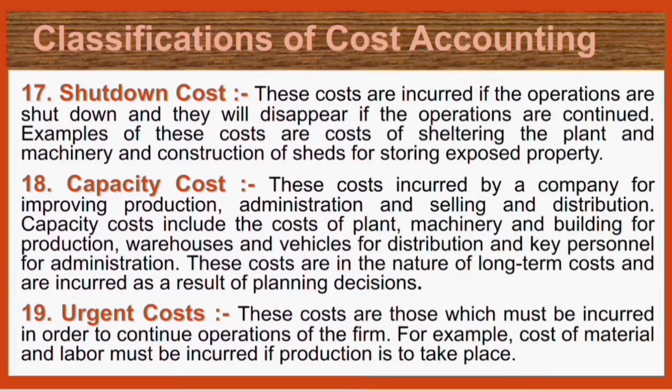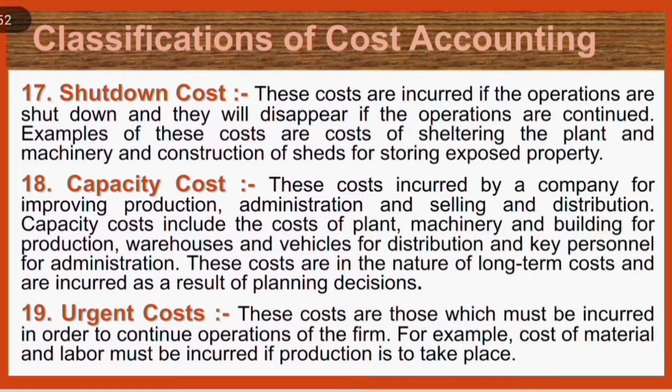Classifications of cost accounting. Number 17, shutdown cost. These costs are incurred if the operations are shut down, and they will disappear if the operations are continued. Examples of these costs are cost of sheltering the plant and machinery and construction of sheds for storing exposed property. Number 18, capacity cost.